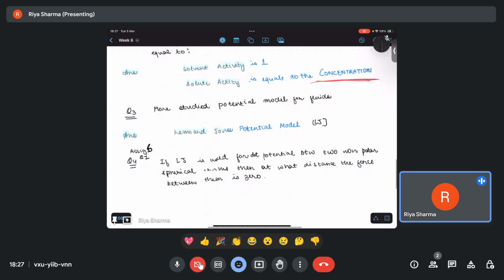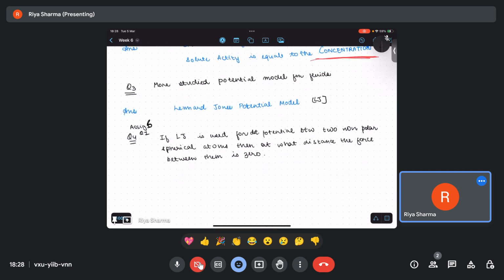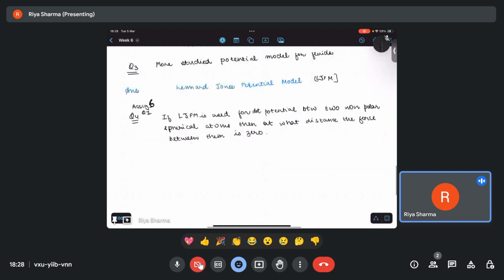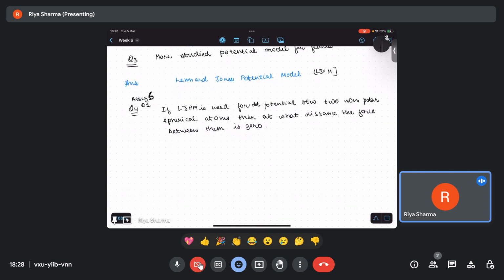If we name that the LJ potential model has been used, so what will happen? I hope you must have done this, but I will just solve it for you. As we know, the LJ potential model is sigma by R to the power 12 minus sigma by R to the power 6.